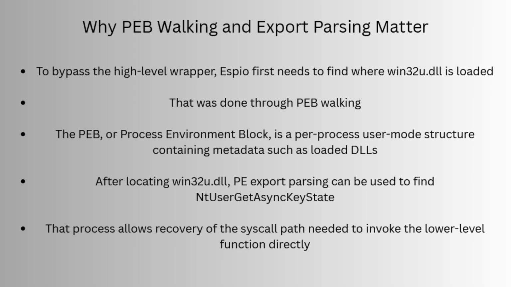And before I go any further, I really want to explain this quickly. I want to explain one reason that most EDR vendors usually hook functions at a high level. In this case, for GetAsyncKeyState, which is in user32 DLL, it's because those functions have the most stable API. It doesn't change between Windows updates, so hooks don't break, hopefully.